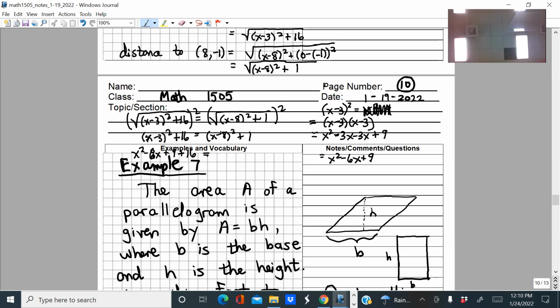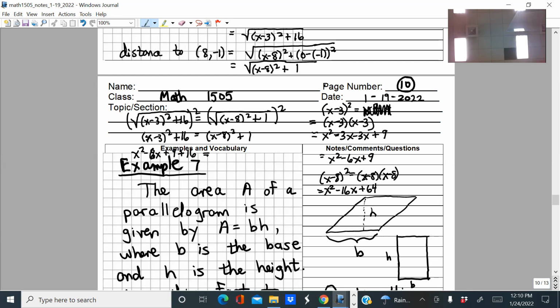And now you have to square the x minus 8. So x minus 8 squared is going to end up being x minus 8 times x minus 8, which is x squared minus 16x. You'll end up with minus 16x plus 64.